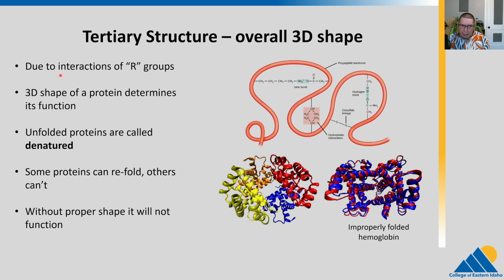The folding that happens in the third level is due to the interactions of those R groups. Here you can see these two R groups forming an ionic bond together, causing this big loop. Here we have two that are caused by hydrophobic interactions. In this one, two sulfurs cause a disulfide bond.